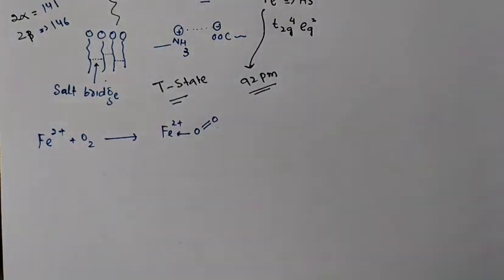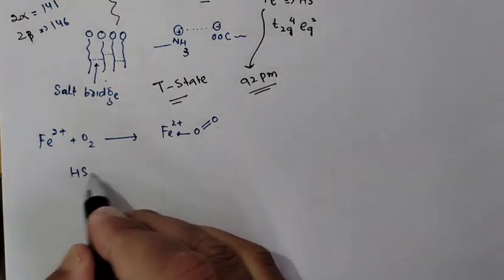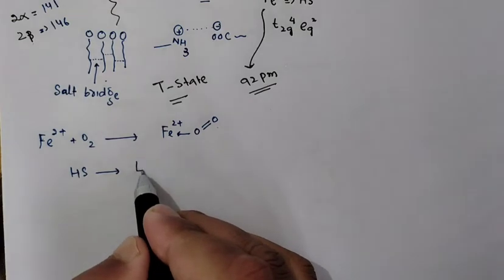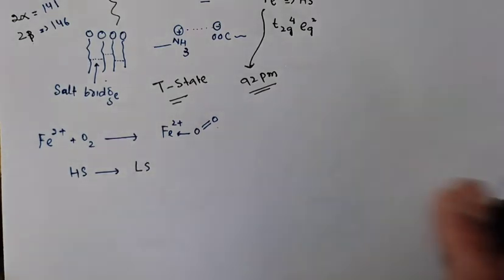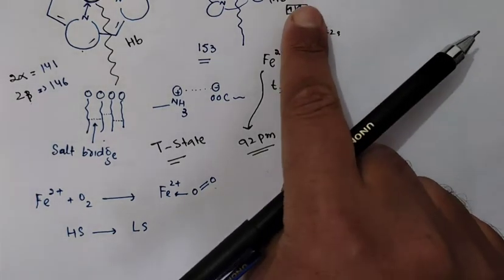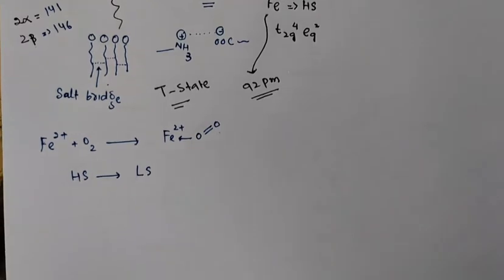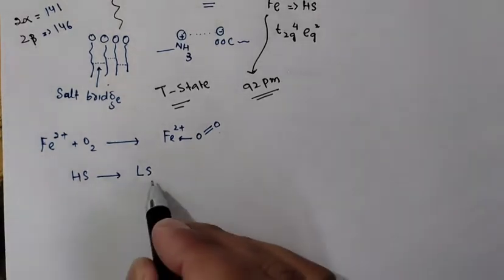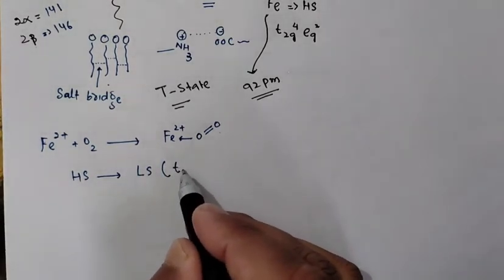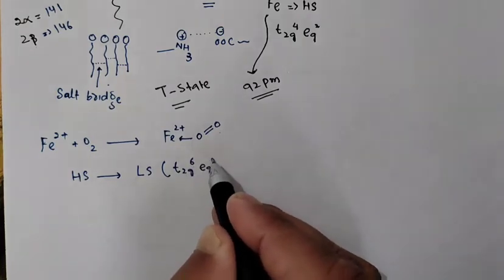What happens, it converts from high spin to the low spin. When it's low spin, that means ये जो orbitals थे, they are getting paired. So now these 2 electrons, they will come here, so it will now become T2G6 Eg0 as the electronic configuration.